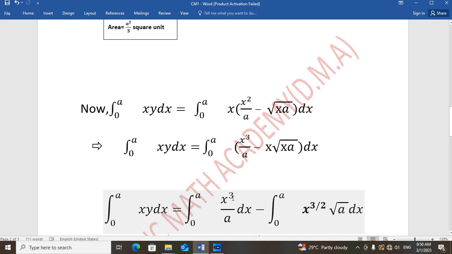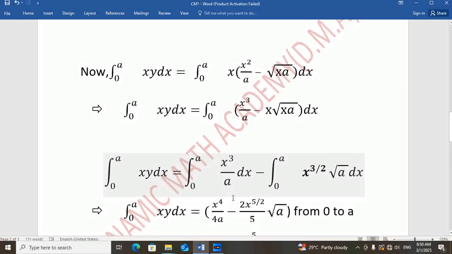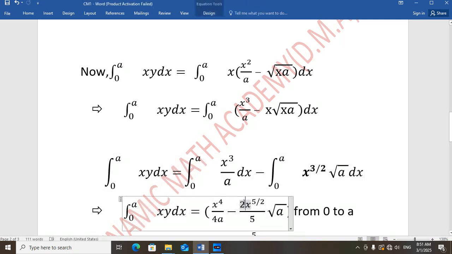So if you integrate x cubed on a, we are going to have x to the power 4 on 4a, because it's x to the power 3 plus 1 divided by 3 plus 1. Same here, 3 on 2 plus 1, we're going to have 5 on 2 divided by 5 on 2. But since we're dividing by a fraction, we'll just multiply, so it will be times 2 on 5, with a being a constant.